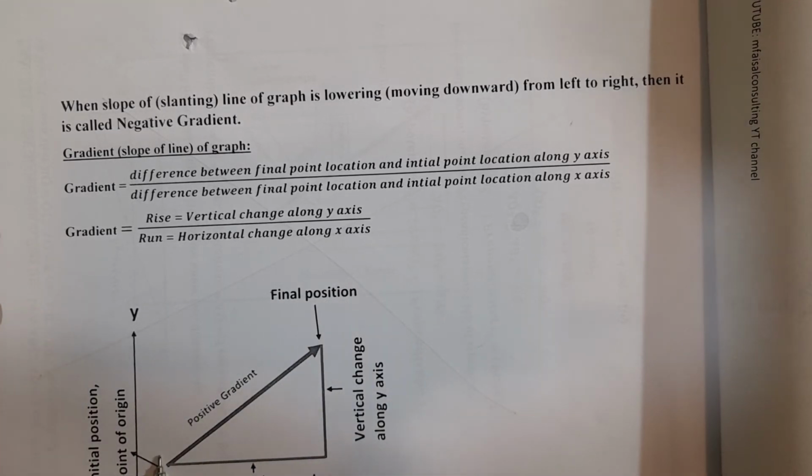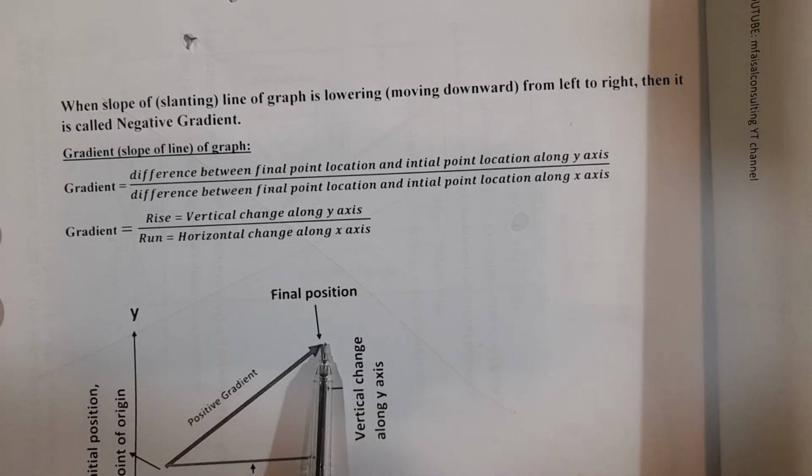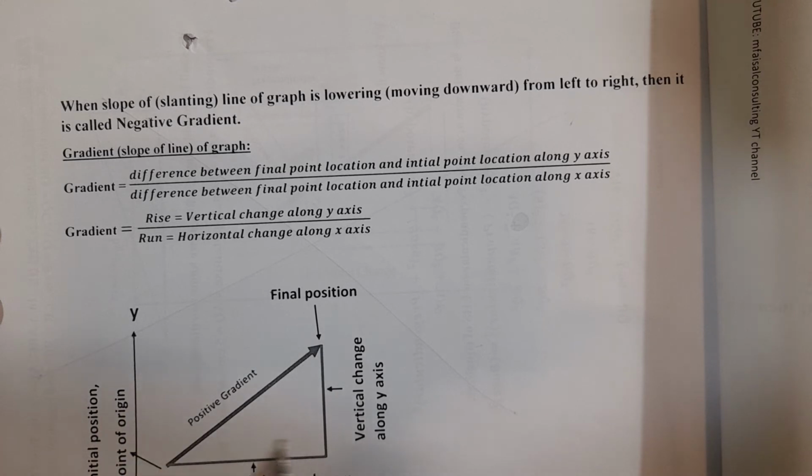So this is the initial position of a point and this is the final position. This movement along the x-axis is the horizontal change and this is the vertical change along the y-axis.